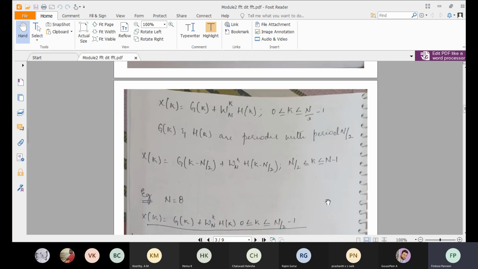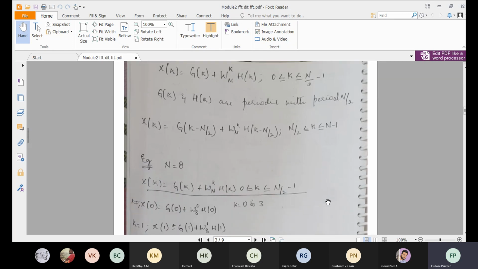Okay. Example, if I take n is equal to 8, x of k is equal to g of k, this equation. So what will be your x of 0? N by 2 minus 1 means it is 8 by 2 minus 1, how much you will be getting? It is 4 minus 1, 3. So k varies from 0 to 3, 0 to 3, this equation. 4 to 7, this equation.